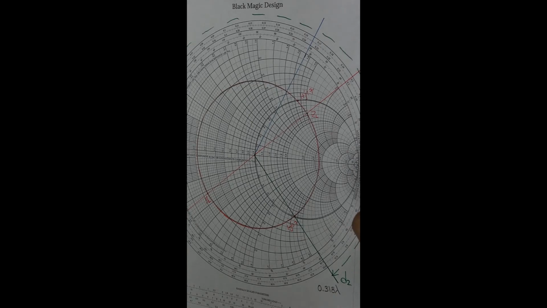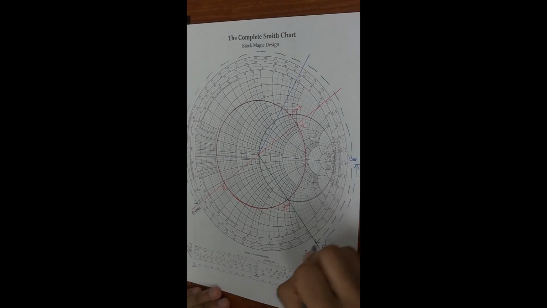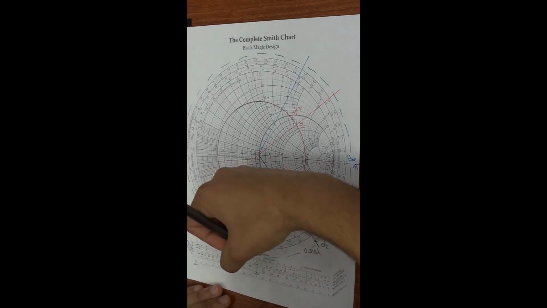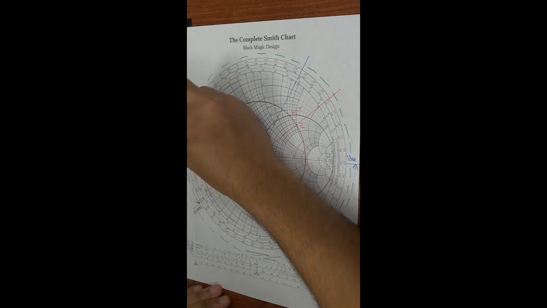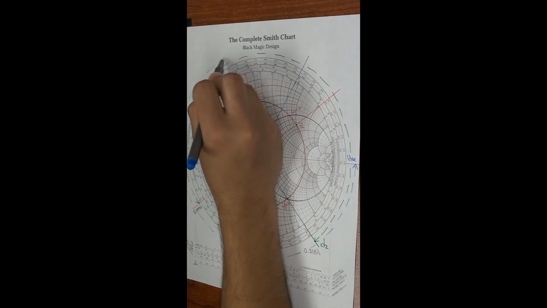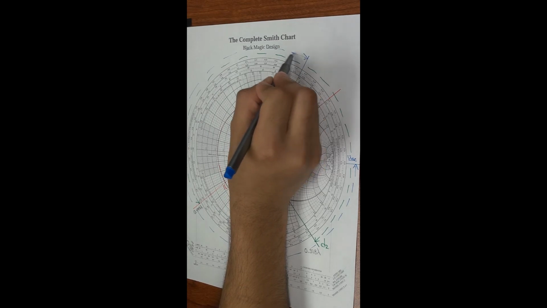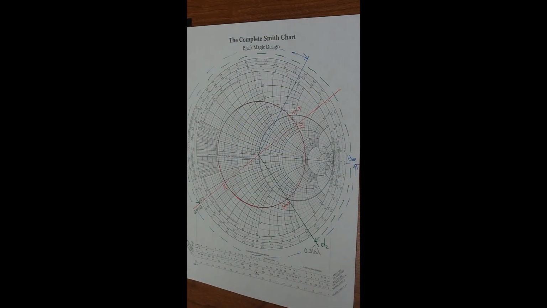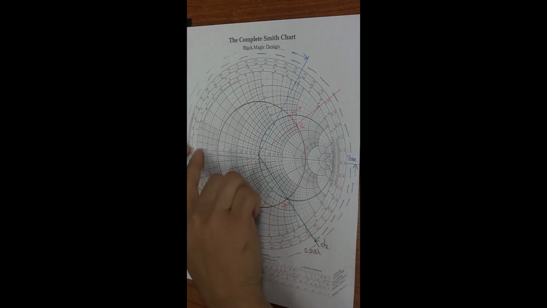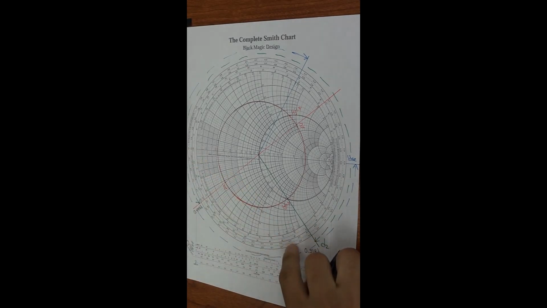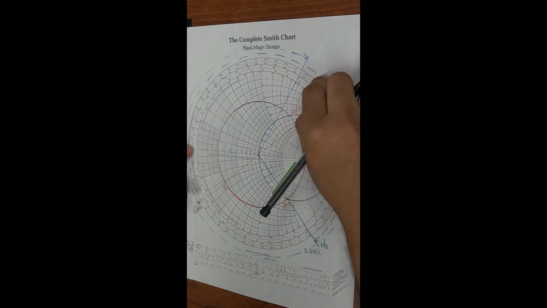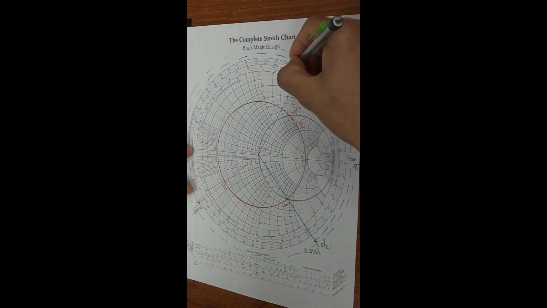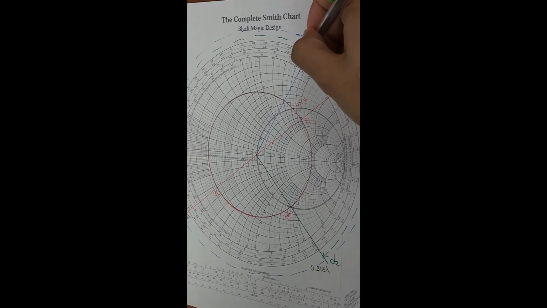That length will be all the way from the short circuit admittance to the point that we just drew right now. So let's find that distance. We know that from here until here we have 0.25 lambda. So the easiest way to calculate that will be adding 0.25 lambda to this position over here. But we need this position first. That position will be 0.16, and we have 2.5 lines.